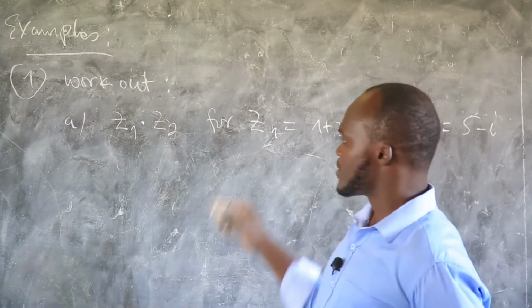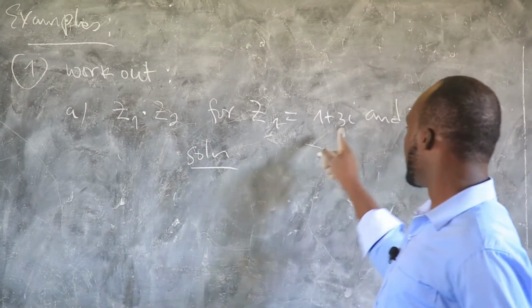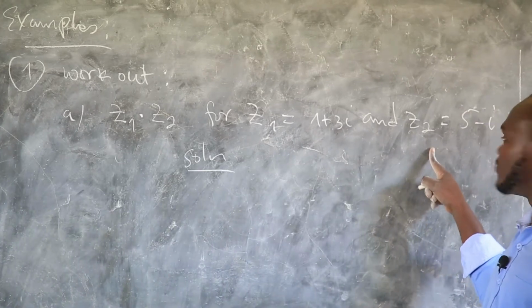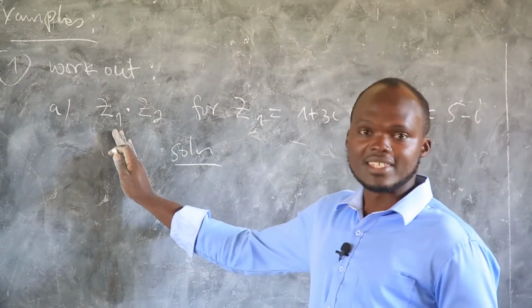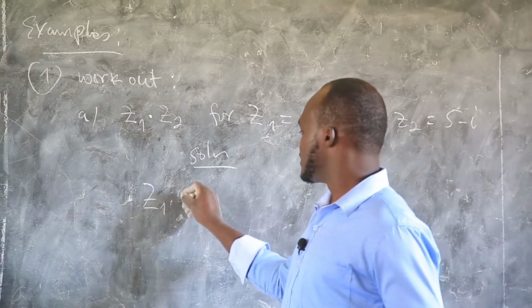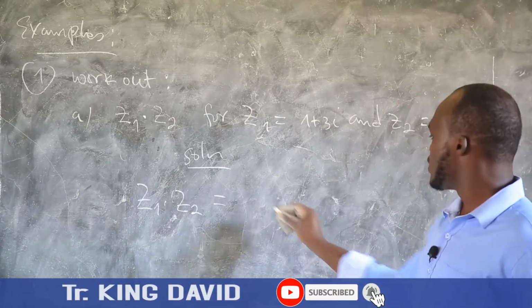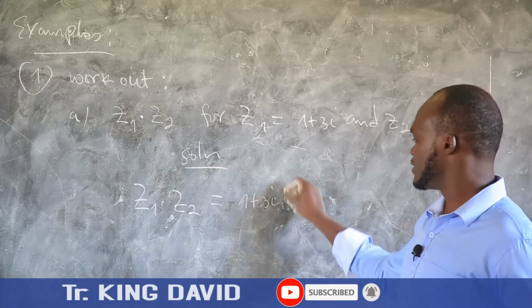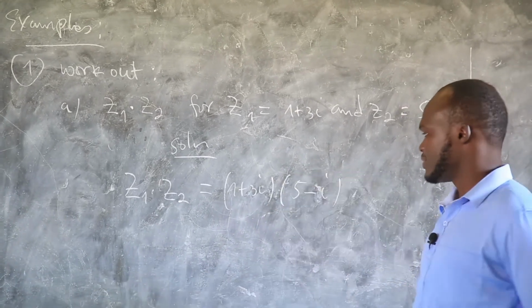So how can we try A? We have Z1 equal to 1 plus 3i and Z2 equal to 5 minus i. We're going to find Z1 times Z2. Z1 times Z2, that is 1 plus 3i into bracket 5 minus i.